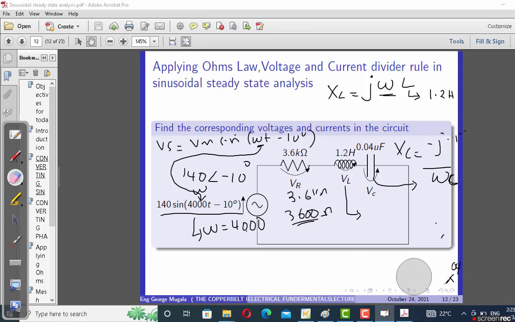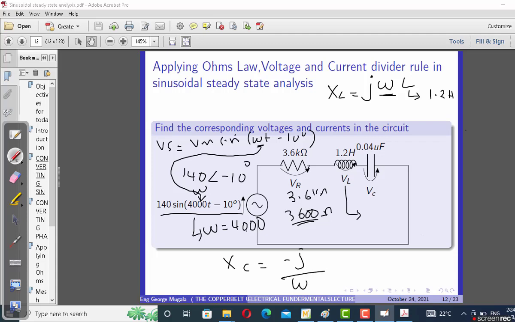We have to convert everything into complex format. So XC is minus j divided by omega C. In this case, minus j divided by, what's omega?